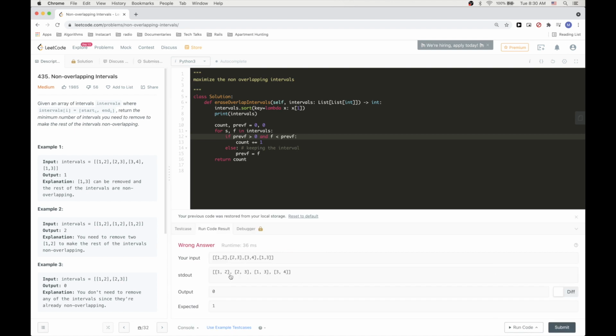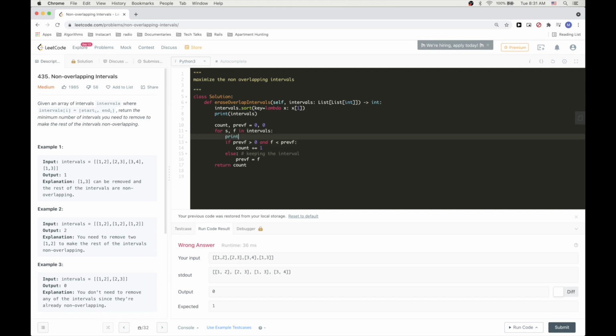Okay, so 1 2, 2 3, 1 3, 3 4. We should only need to remove one: 1 2 and 2 3 don't overlap, so we should be good there, and for the third we should remove 1 3, right?